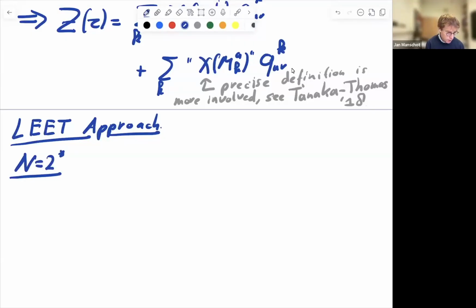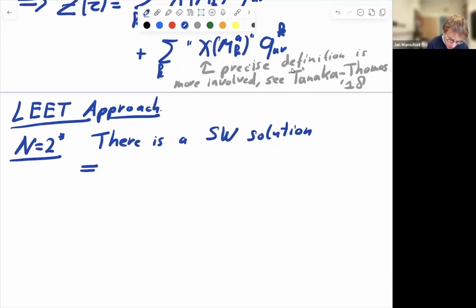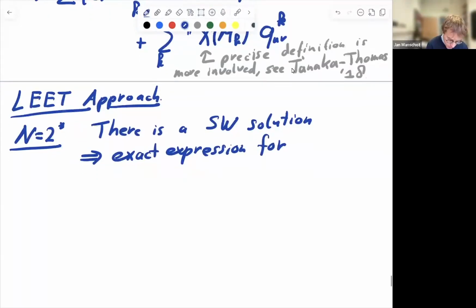Similar to the pure case without the hypermultiplets, there is a Seiberg-Witten solution. I won't describe the curve in detail, but the solution gives us now an exact expression for u(tau, tau_UV).